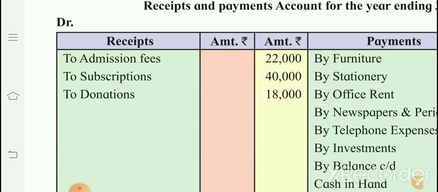Then to subscription, there is the adjustment on this item, so we will record its amount on inner column of income side on income and expenditure account. Next is donations. On same side, that is on income side of income and expenditure account, this item we will record.